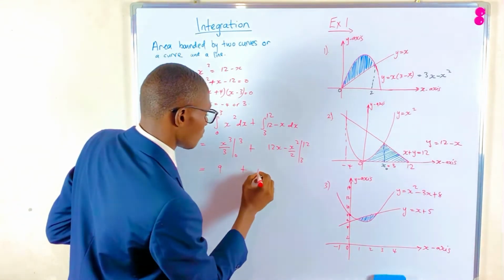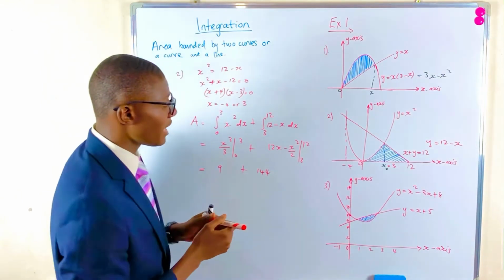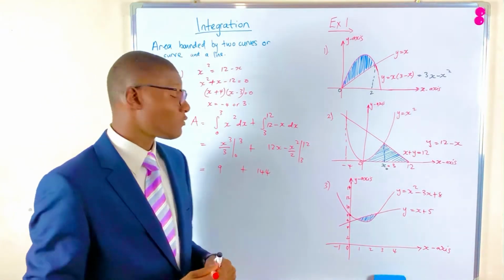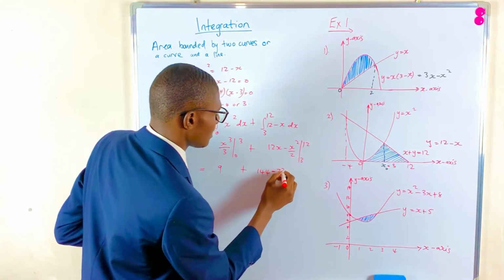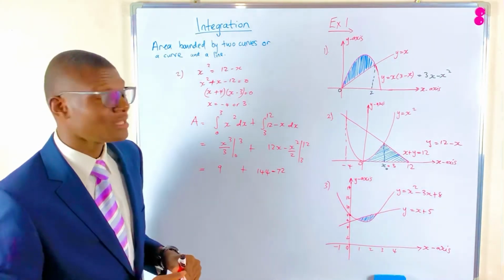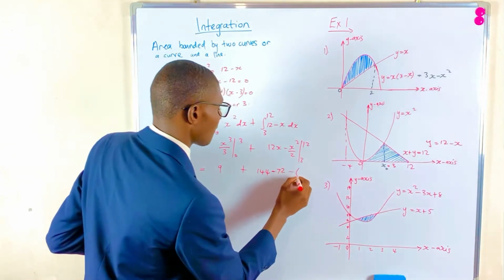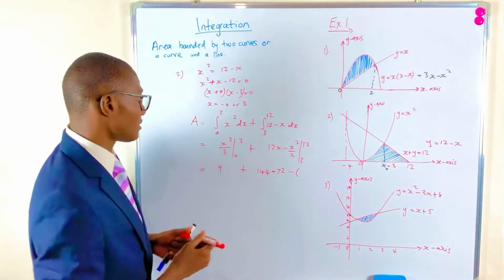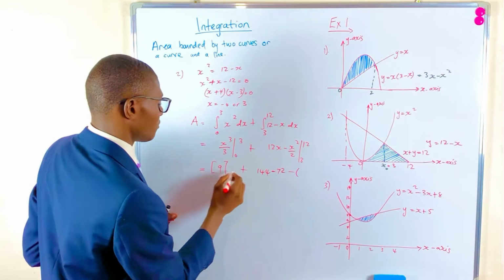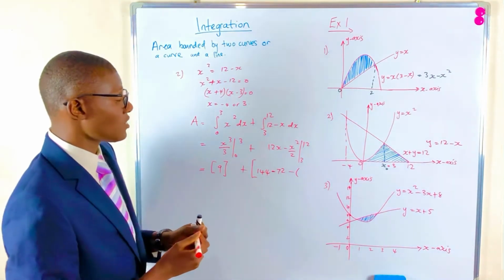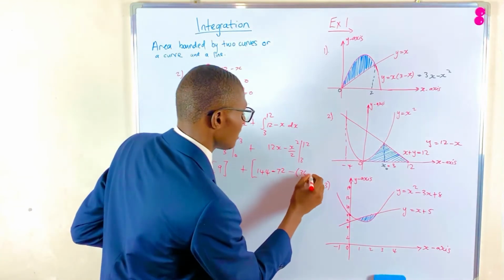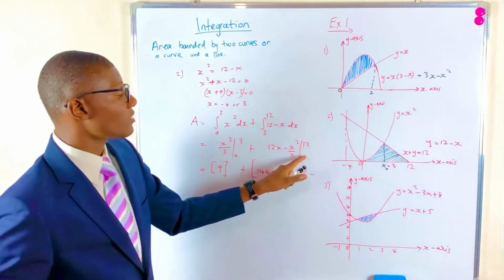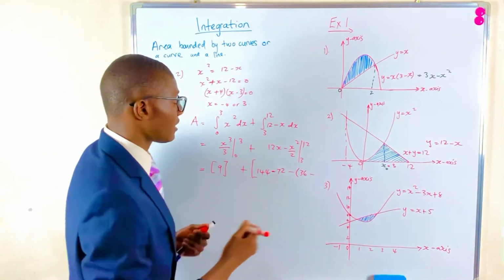So 144 minus 12 squared, that's 144, over 2, that will be minus 72 for the upper limit. Then minus the value of the lower limit. So let me put these square brackets here. For the lower limit, we're saying 12 times 3, that will give us 36. 36 minus 3 squared, that will give us 9 over 2.